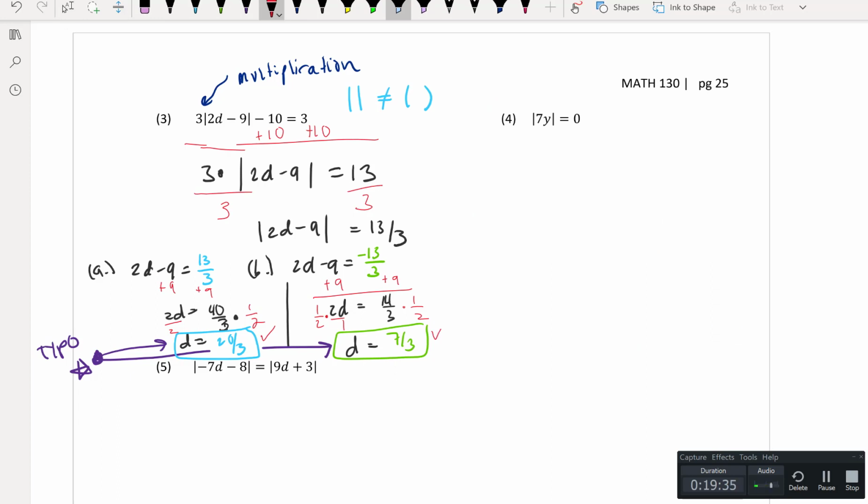So I did all of my steps. Now going with number 4, I have the absolute value of 7y is equal to 0. If I were to split it, remember, can I have a positive 0 or a negative 0? Is that even possible?